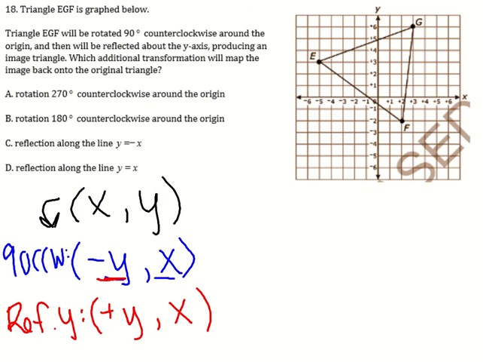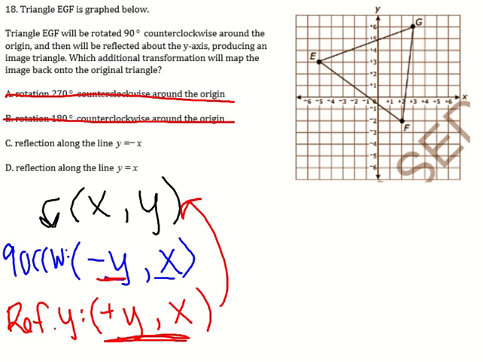And the question is now saying, how can I map this image that is at these coordinates in relation to the original? How can I flip it back so that it is back in the (x, y) position with those coordinates? So this is just being familiar with your rules and understanding what the question is saying. If I look at my answer choices, rotations are just going to change signs and flip them back around again, and I don't want to do that.